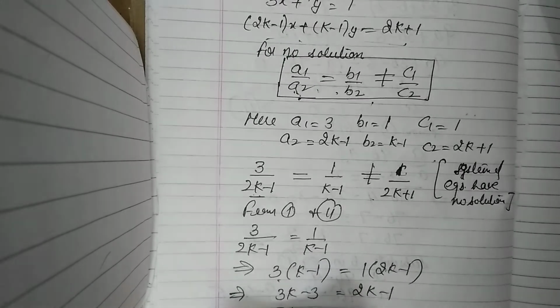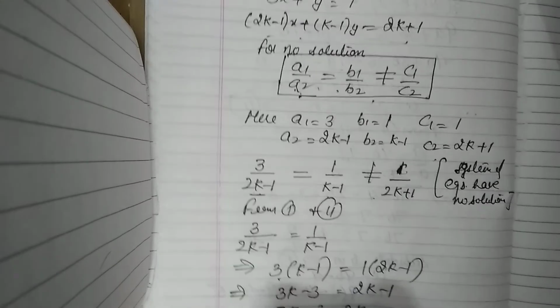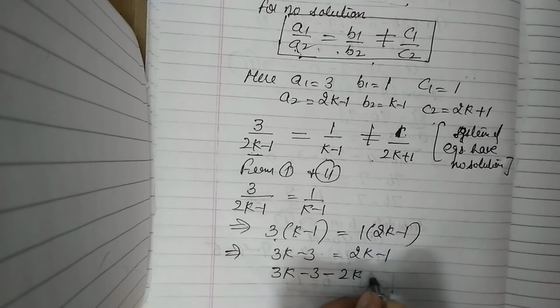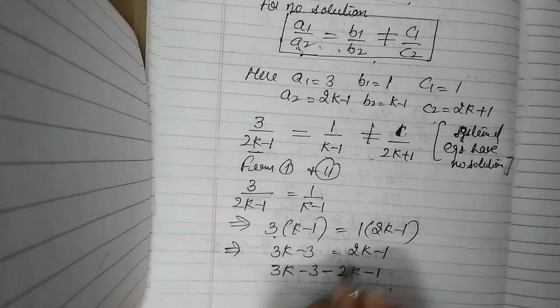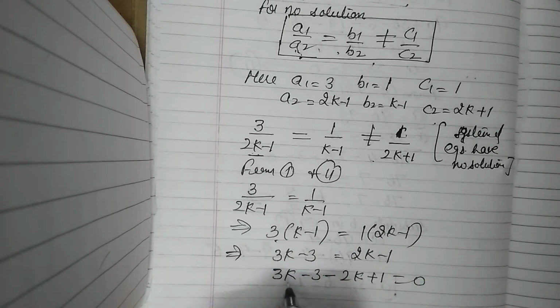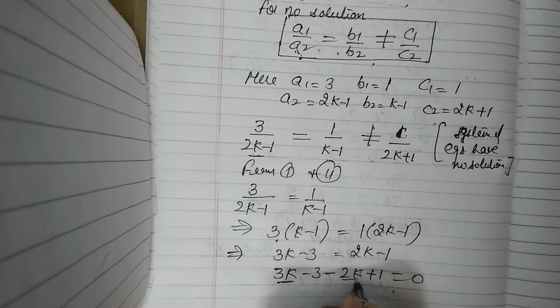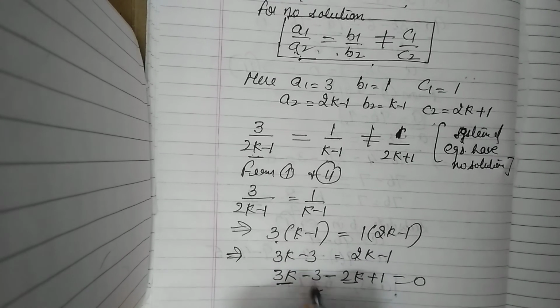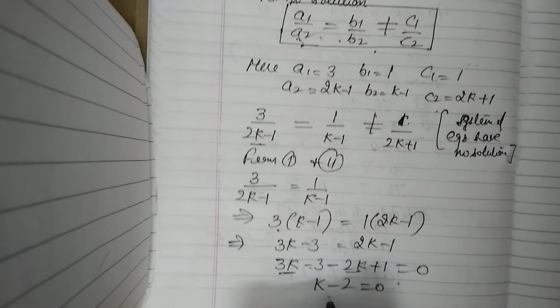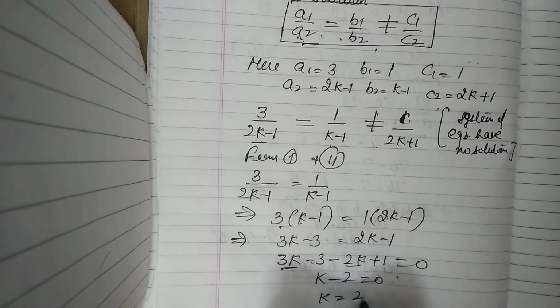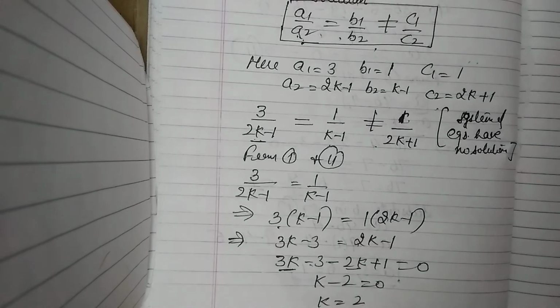Now 3k minus 3 minus 2k, all values shifted to the left side by changing their sign, plus 1 equal to 0. 3k minus 2k, that is k, minus 2 equal to 0. So k is equal to 2.